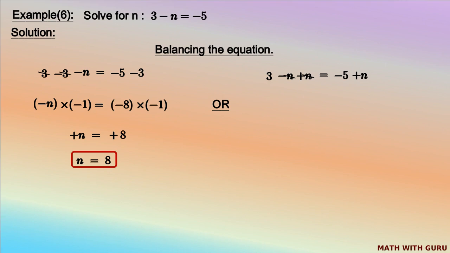Now we need to get rid of minus 5 from the right hand side. 3 equals minus 5 plus n. Add 5 to both the sides like this to get rid of minus 5. 3 plus 5 is 8. Minus 5 plus 5 get cancelled. 8 equals n. Let us interchange the sides. Let us swap the sides. n equals 8.